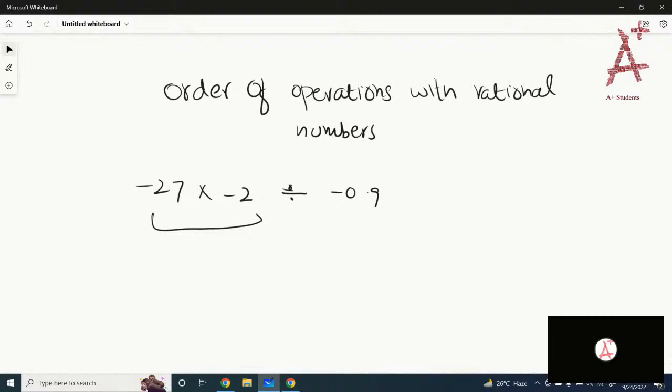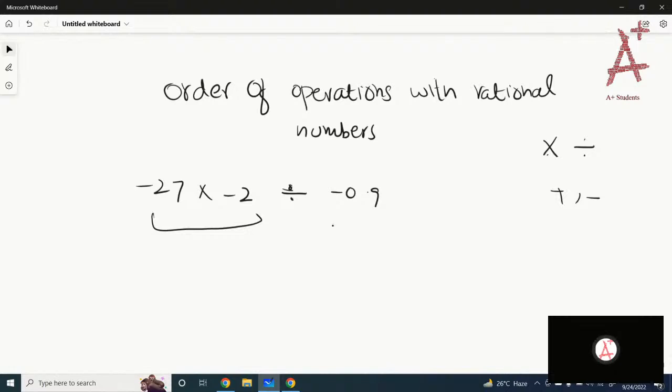Multiplication and division have the highest priority, then you can add and subtract. If they are in the same question, you have to start from left to right. So first you do multiplication and division, and then addition and subtraction. Got it? So start with the first one, multiplication.